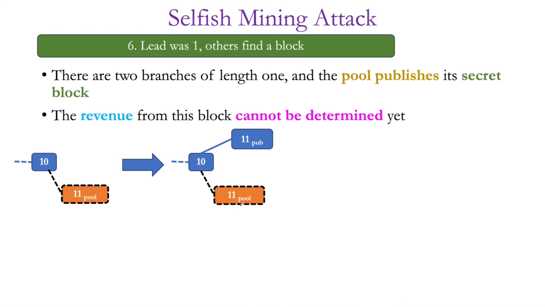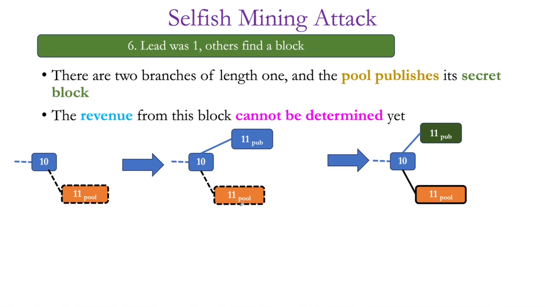The pool then tries to mine on its previously private head, and the others split between the two heads. How they split is denoted by the ratio of others that choose the non-pool block. The revenue from this block cannot be determined yet, because it depends on which branch will win based on the consensus mechanism. So it will be counted later.